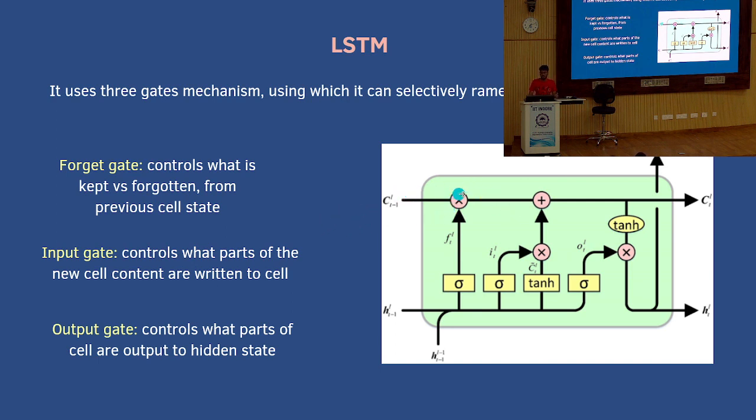Then there is the output gate, which monitors what information goes outside of the cell. Then there is the forget gate, which is the important one. The forget gate determines what is relevant information, and it will only remember the relevant information and forget the useless or irrelevant information. This is how the three gates work: input gate, output gate, and forget gate.